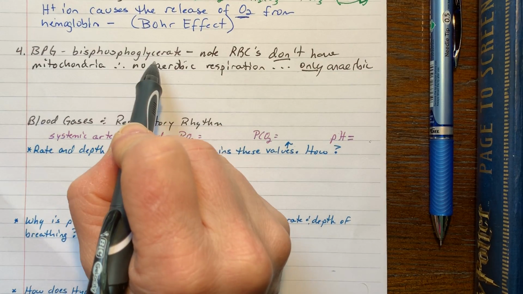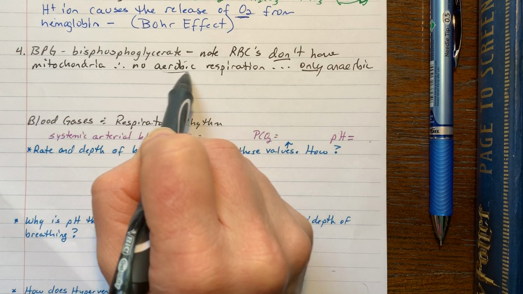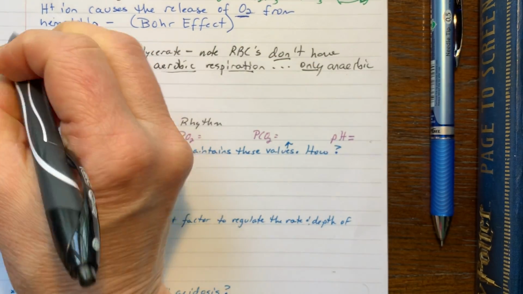So, red blood cells don't have mitochondria, therefore no aerobic respiration. However, there is anaerobic respiration.